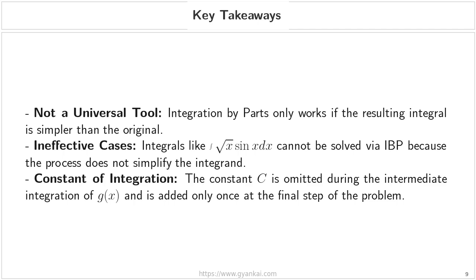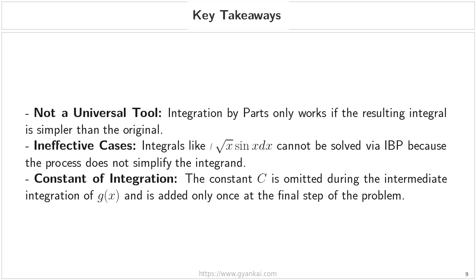We hold off on adding c until we've completed the entire integration by parts calculation. Think of it like that cooking analogy we used. You don't garnish every single ingredient, you garnish the finished dish. Adding c at each intermediate step just creates unnecessary complexity and will eventually cancel out anyway.